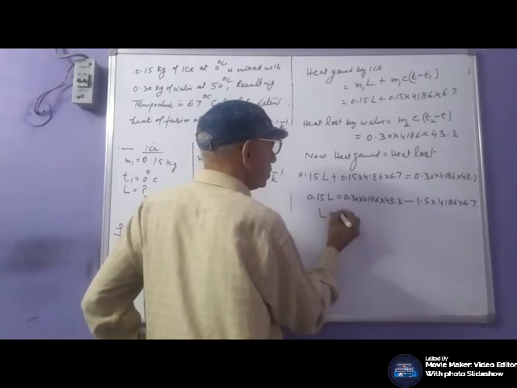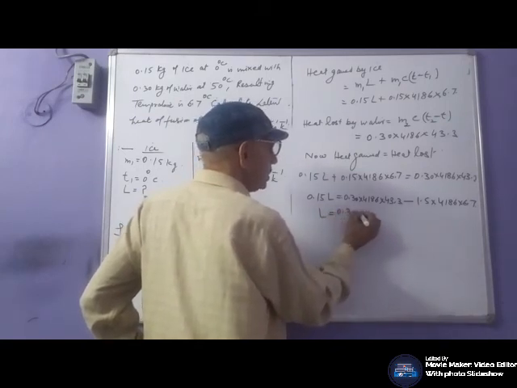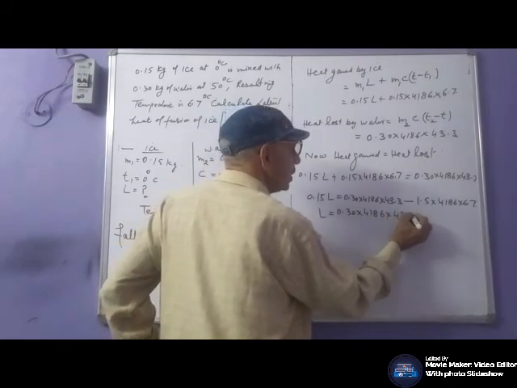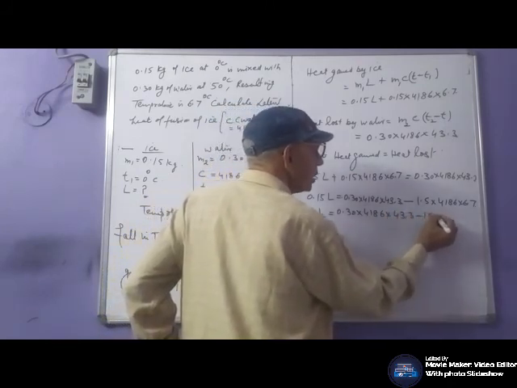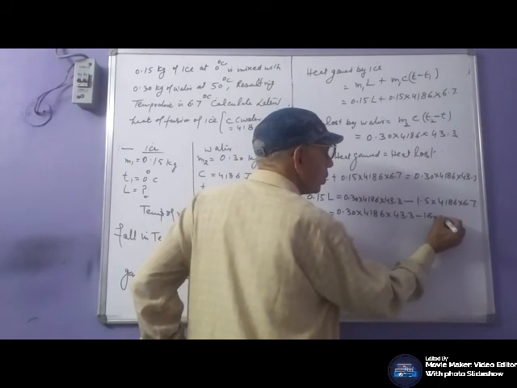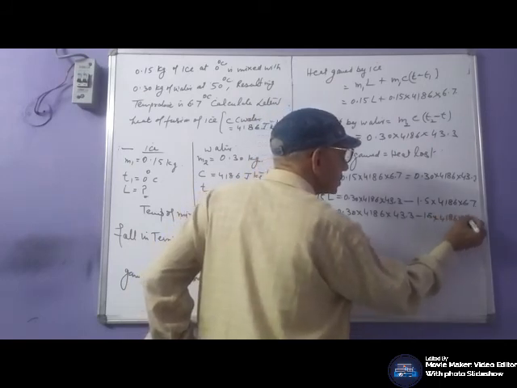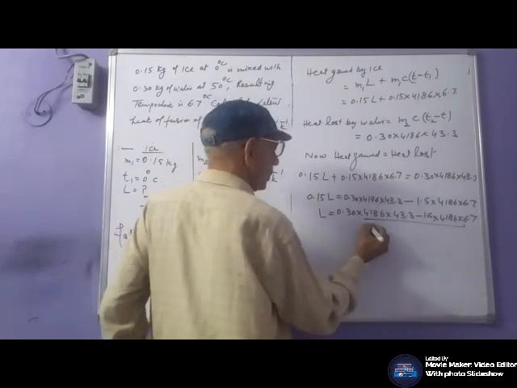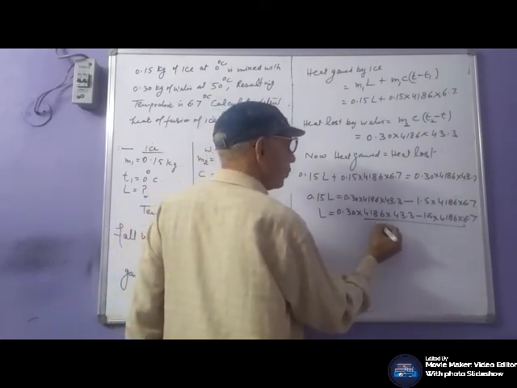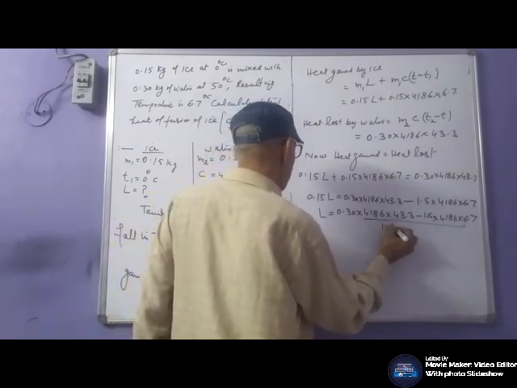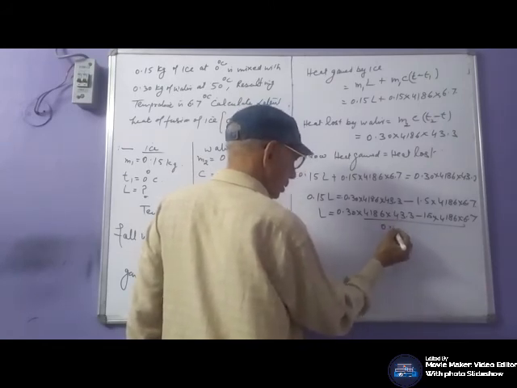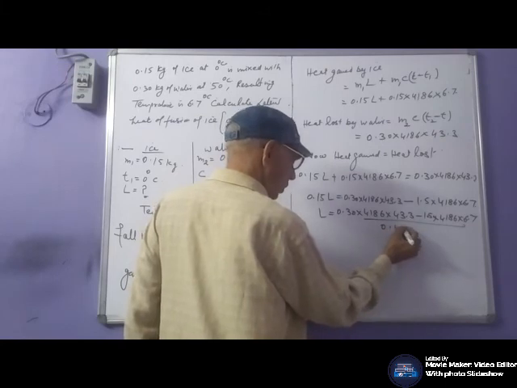Or L comes out to be (0.30 into 4186 into 43.3 minus 0.15 into 4186 into 6.7) divided by 0.15.